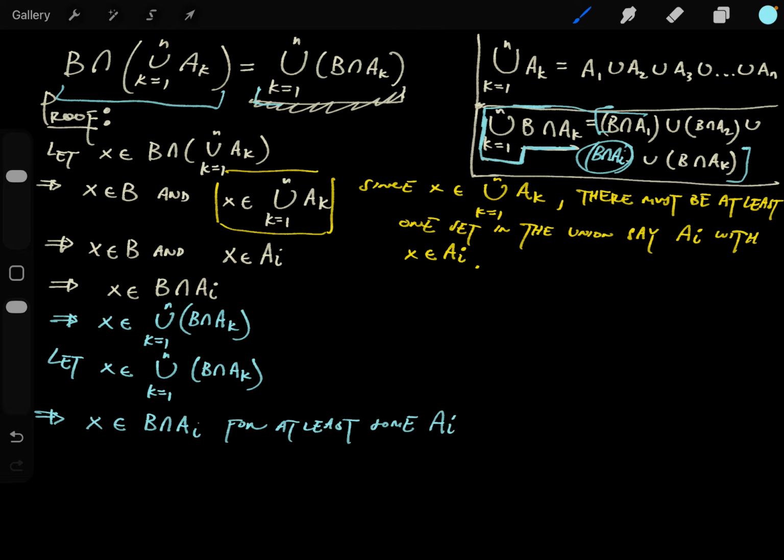And then if x is contained in there, then x is contained in B, and x is contained in A sub i.